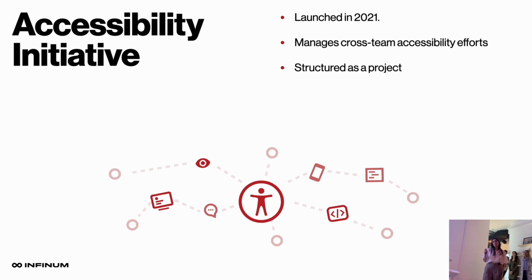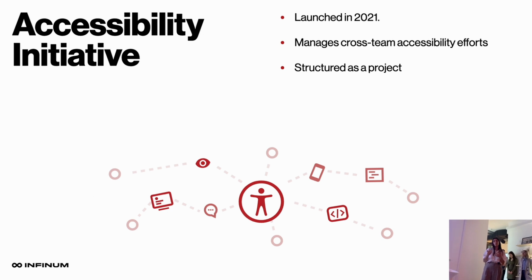Then we cherry-picked people from each team who had some interest in this topic and created a cross-team initiative where we had advocates from all teams. We had people from Android and iOS, JavaScript, WordPress, design of course, and we did a thorough research and created some documents.